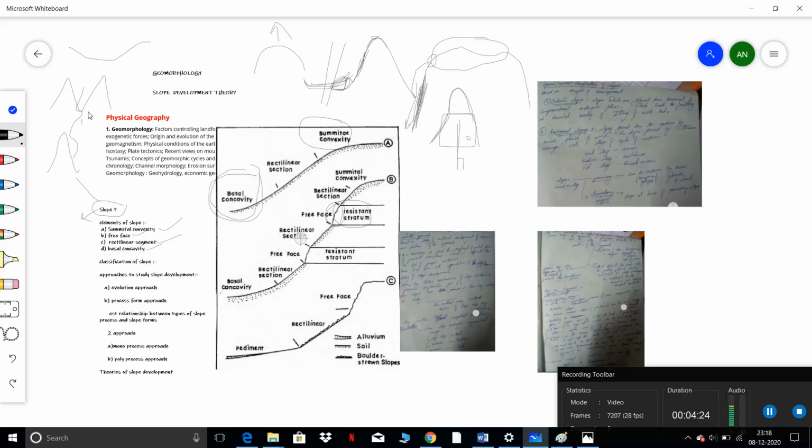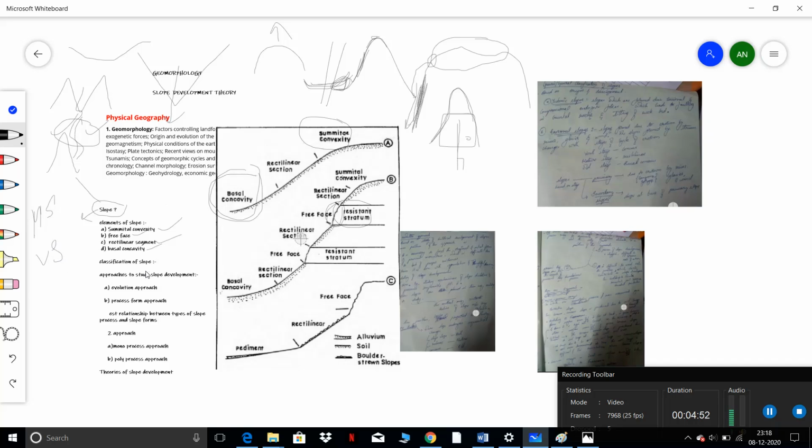So vertical erosion will create valley deepening, and the landform around it will be in the higher portion. These two things are called valleys. These valleys will have certain slopes like this, and here the river flows. This is called valley slopes. So there are two slopes: hill slopes and valley slopes.